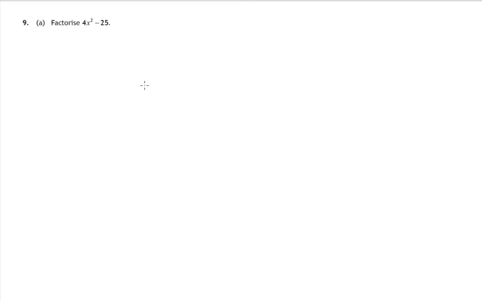So in this question we're asked to factorise 4x squared minus 25. Now both of these terms are squared terms. The pattern for a difference, subtracting two squares, is a minus b times a plus b.